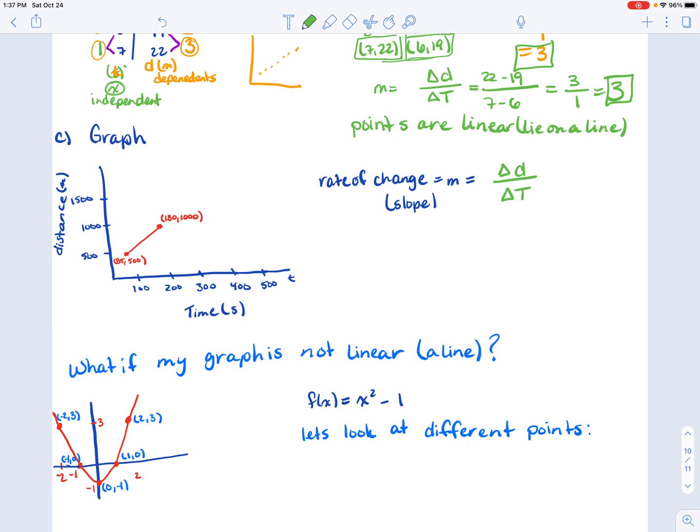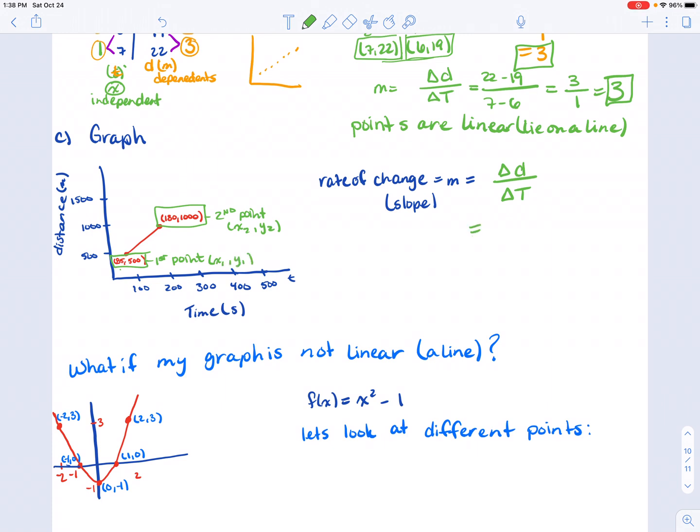So, I've been given 2 points here. I've been given the point 85, 500, and then 180, 1,000. So this is my second point. This down here is my first point. So these ones have my x2, y2 values, and this one has my x1, y1 values.